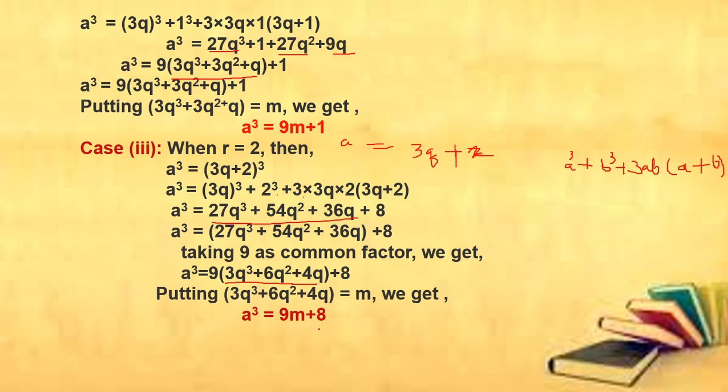Now in all these three cases we get that if any positive integer is of the form 3q, its cube is 9m. If the positive integer is of the form 3q plus 1, its cube is 9m plus 1. When the positive integer is of the form 3q plus 2, then the cube of the number is 9m plus 8.